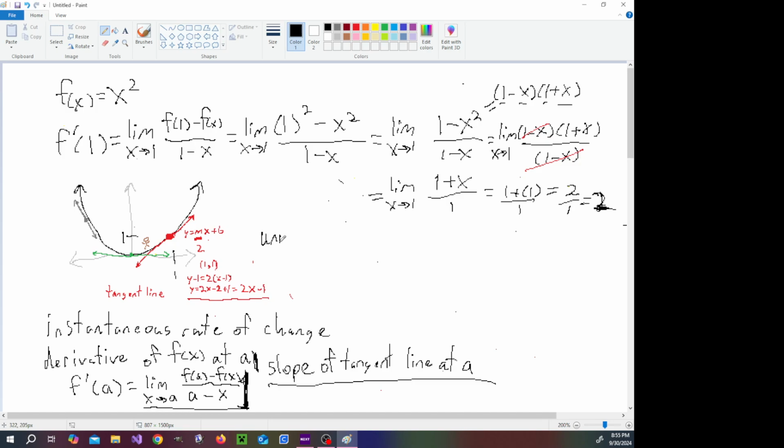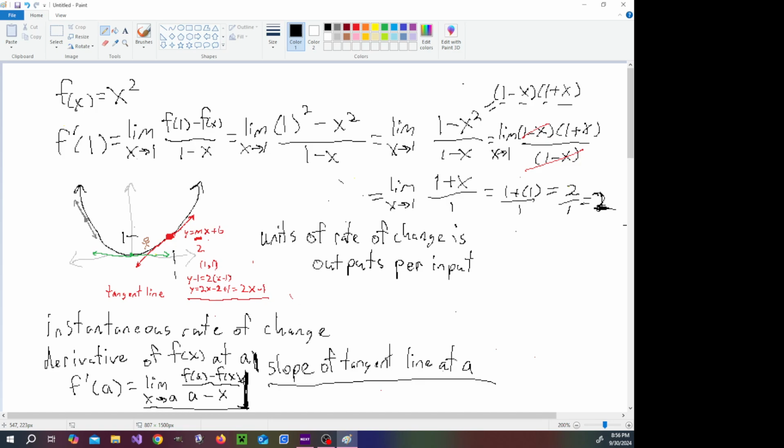And one more thing. The units of a rate of change is outputs per input, right? If distance is miles and time is hours, we say miles per hour.